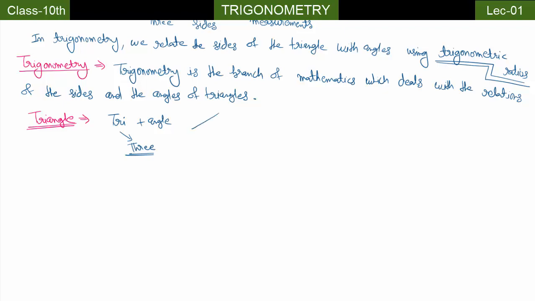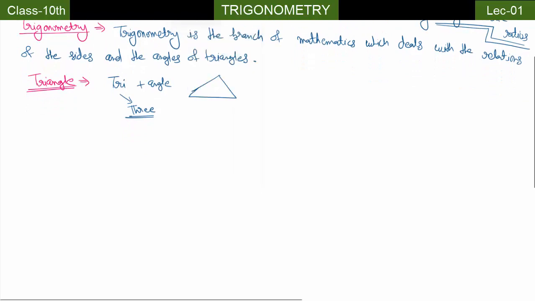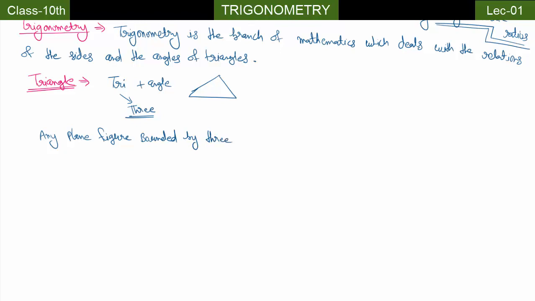This is how my triangle looks. Now we can formally define the triangle: any plane figure bounded by 3 line segments is called a triangle.